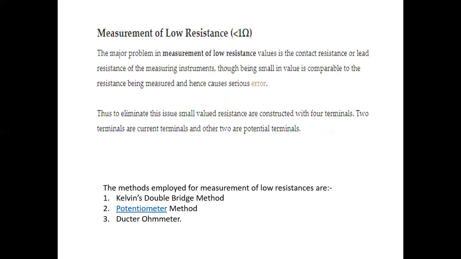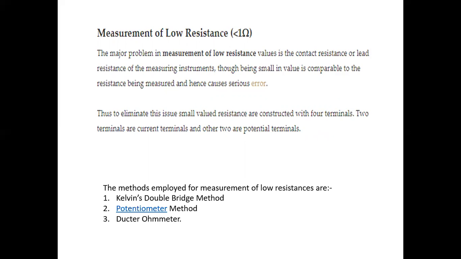The methods used for measurement of low resistance. The major problem in measurement of low resistance is the contact resistance or lead resistance of the measuring instrument, which, being small in value, is comparable to the resistance being measured and hence causes error.